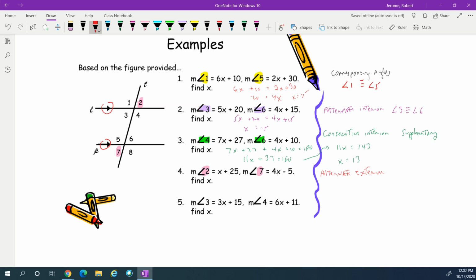And as long as those lines are parallel, alternate exterior angles are congruent. So x plus 25 equals 4x minus 5. Of course, we do a little bit of algebra here, and x equals 10.